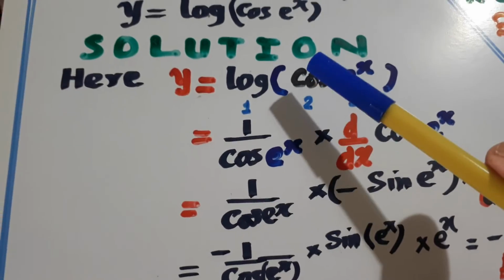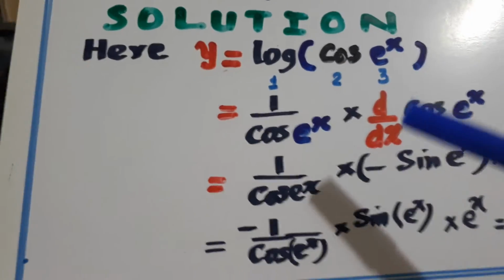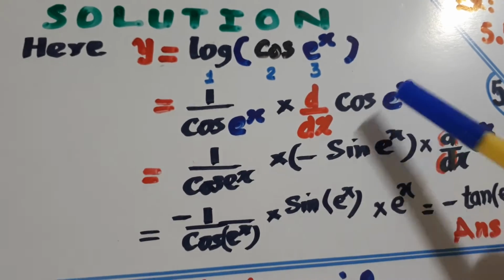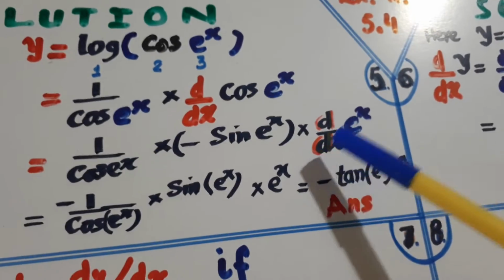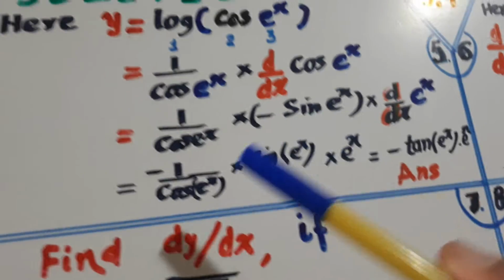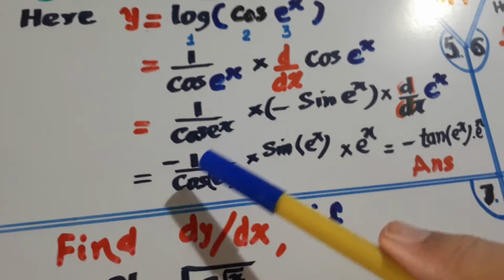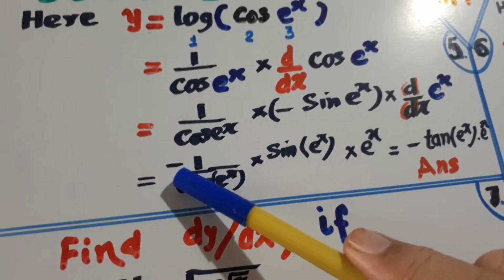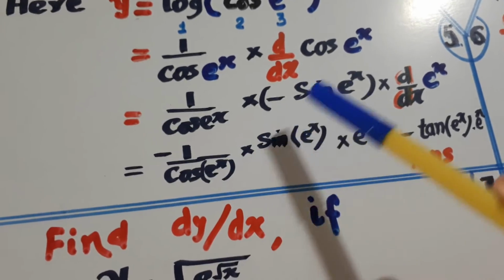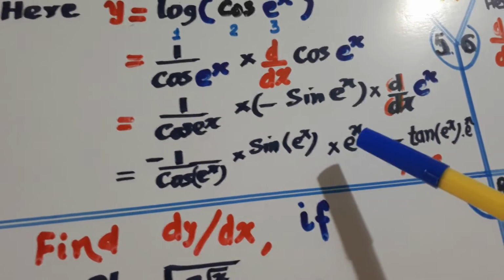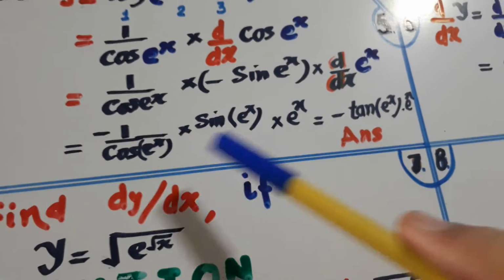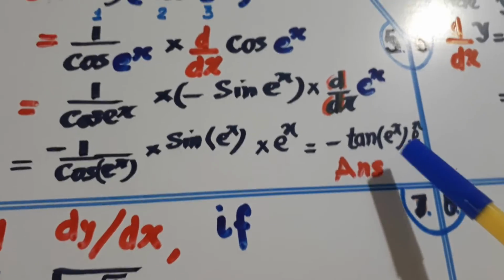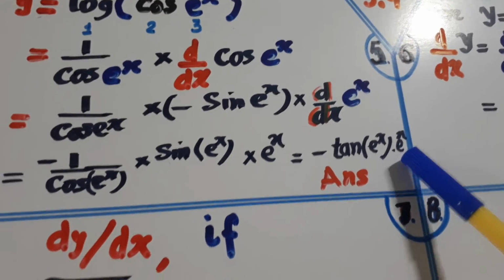Inside, the derivative of cos x is minus sin, whatever is sitting inside, let it sit. Then inside, e raised power x, its derivative is e raised power x. So the answer comes minus 1 over cos e raised power x into sin e raised power x into e raised power x. So sin over cos is tangent. So the answer will be minus tangent e raised power x into e raised power x.